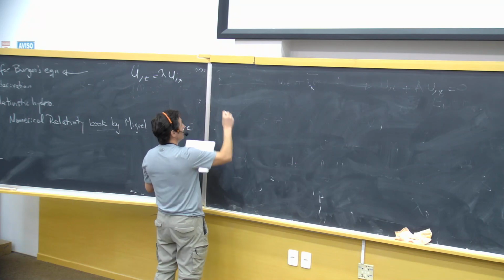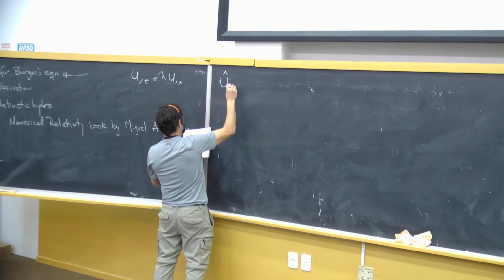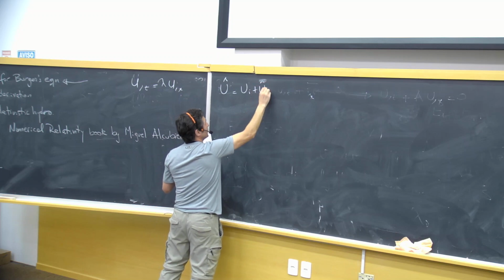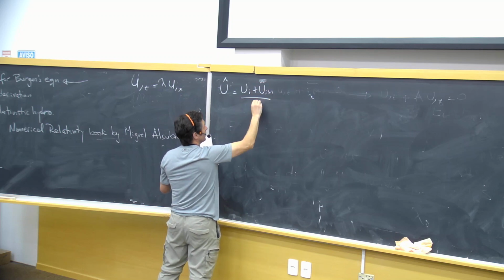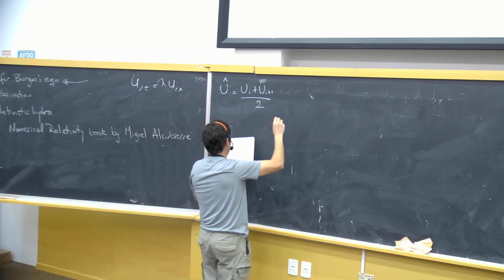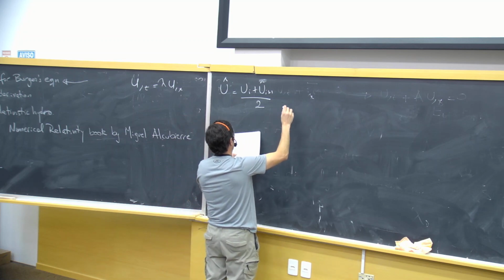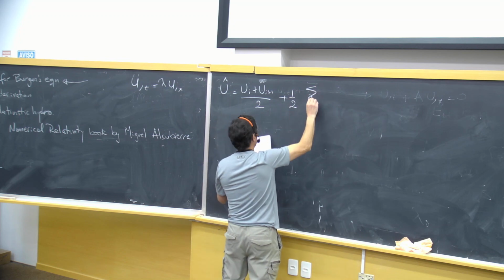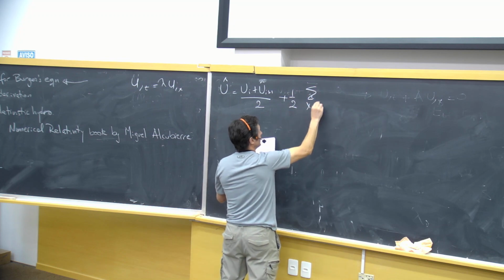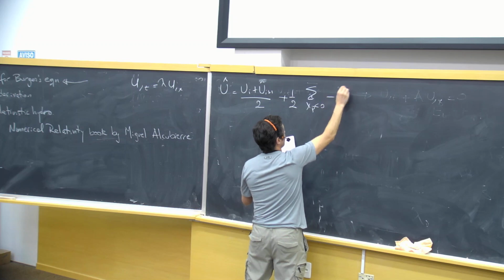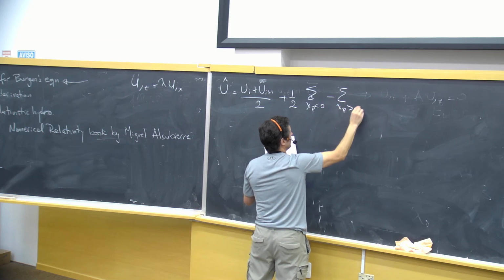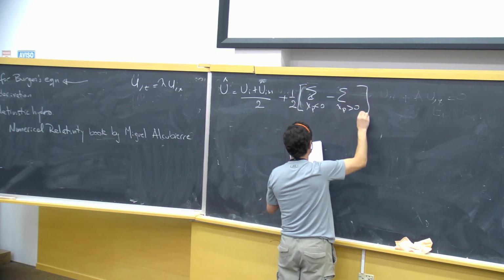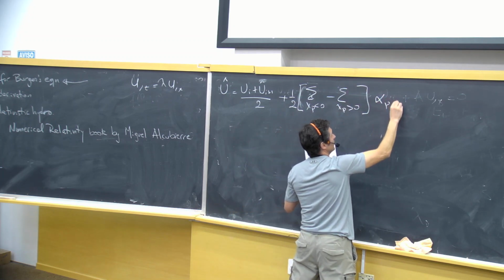So let me first take the average of these. And this will be, this is a weird notation, but I'll explain in a second.